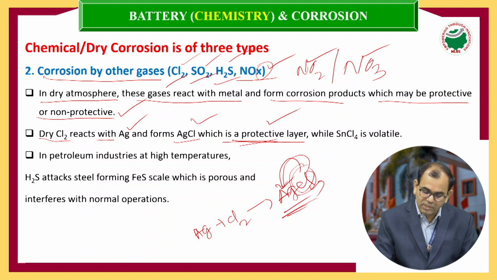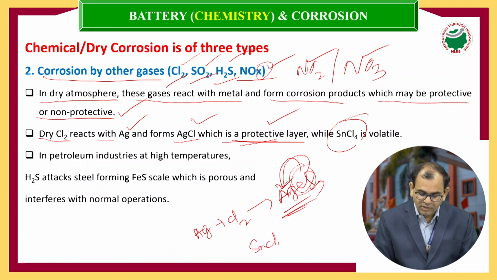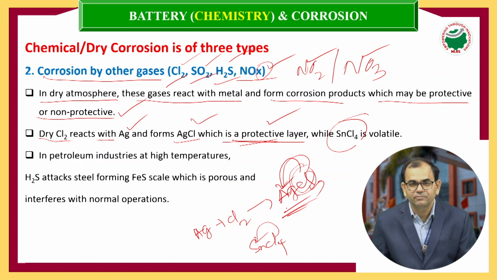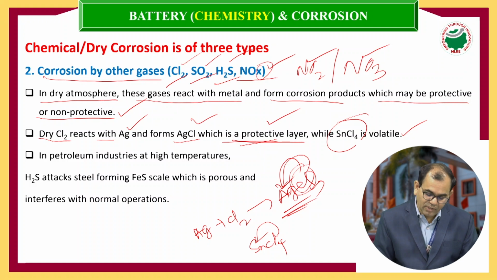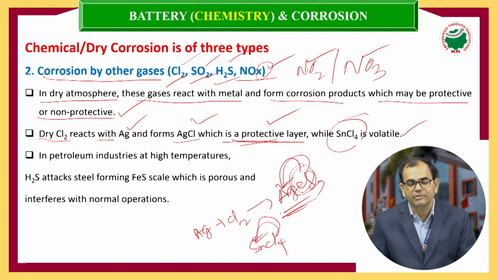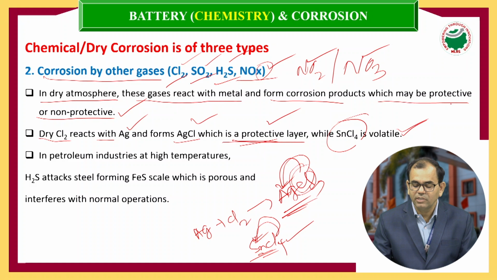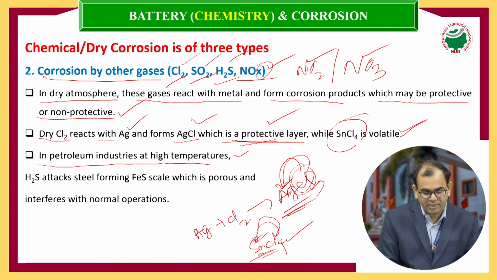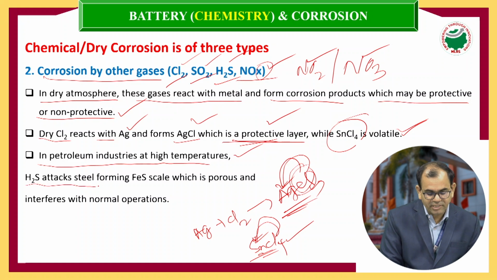Whereas when we talk about SnCl4, tin tetrachloride, this chlorine is not acting as a protecting layer to tin, Sn. Why? Because it is volatile. That means whatever chlorine interacted with the tin surface will further damage the tin surface because of its volatile nature.